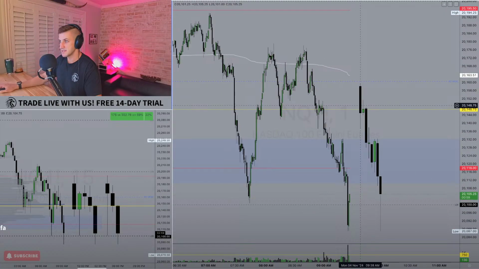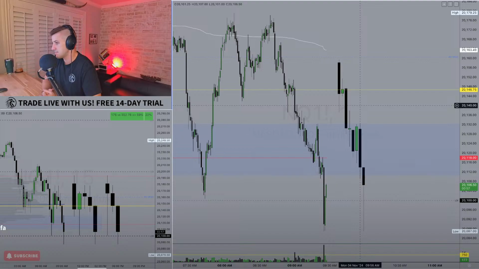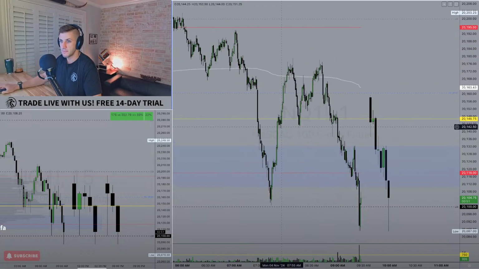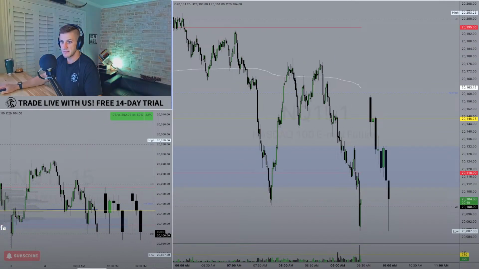Price is right here into this 2100 level of interest, so that's the main focus for this morning off the open. Pretty weak here coming into the open. Just taking a look at that 15-minute chart, we do have a series of lower highs.